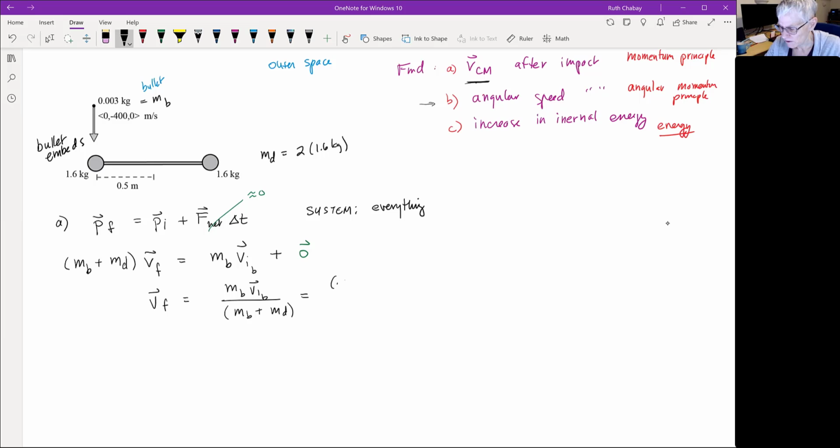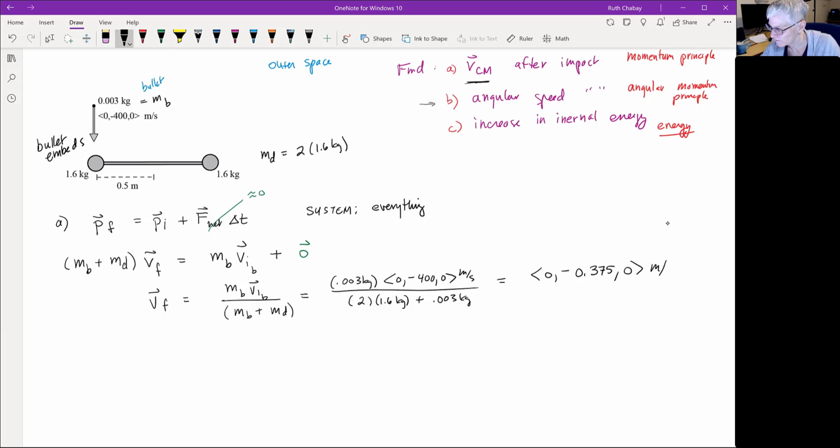So that's 0.003 kilograms times 0 minus 400 meters per second divided by 2 times 1.6 kilograms plus 0.003 kilograms. And that's going to give us, if we work it out, 0 minus 0.3750 kilometers per second.